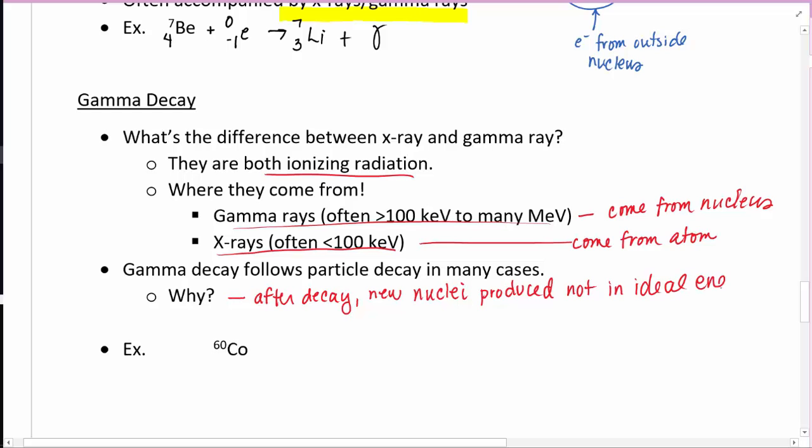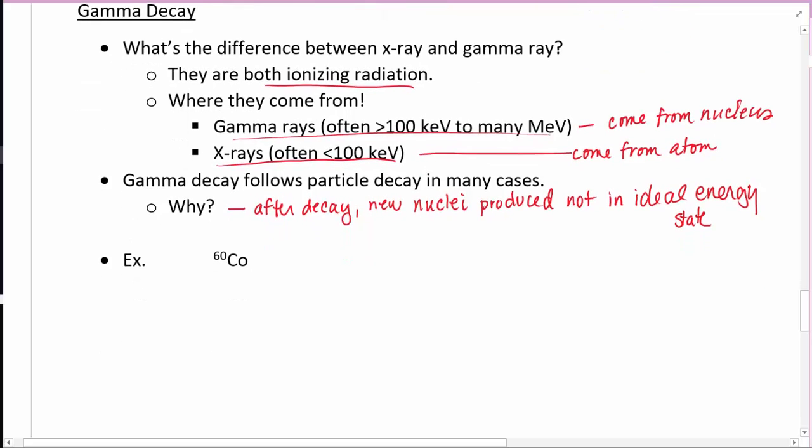And so as a result, in order to get to a more ideal energy state, it just releases some of that extra energy, and that extra energy is released in the form of a gamma ray. So, for example, cobalt-60 actually decays by way of beta emission, and it turns into nickel-60, but nickel-60 has a little too much energy, and so it actually also releases some gamma radiation as well.